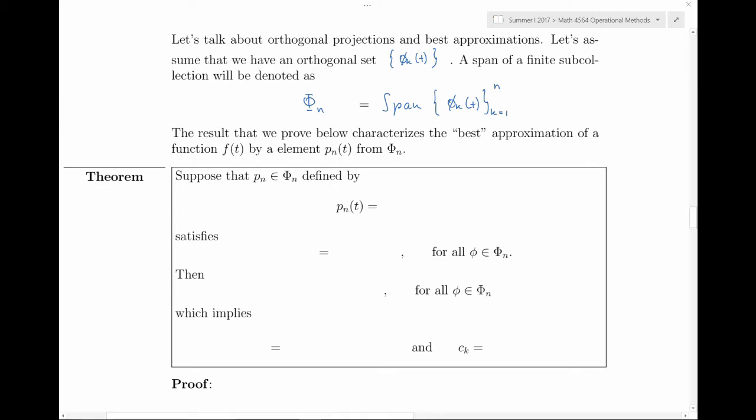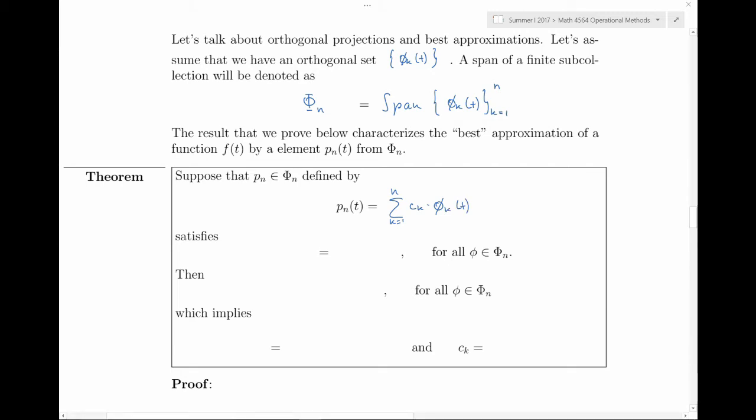So what do I mean by best approximation? Well, suppose I have a function Pn that belongs to my span of a finite subcollection, and that's a sum of some coefficients times the function phi k of t.